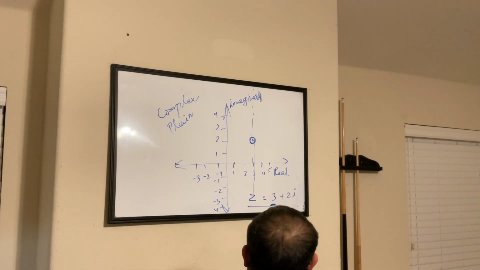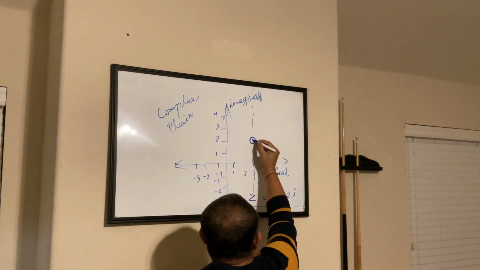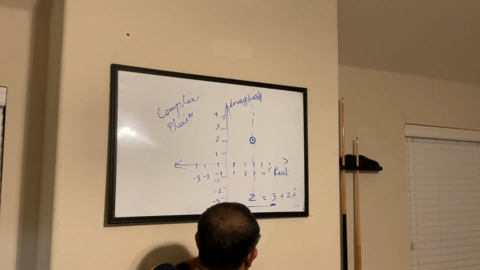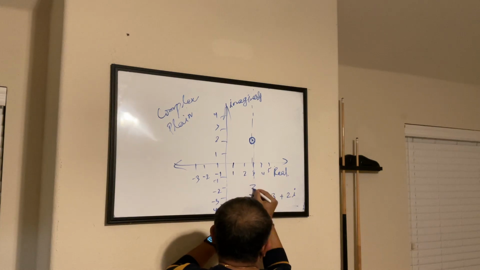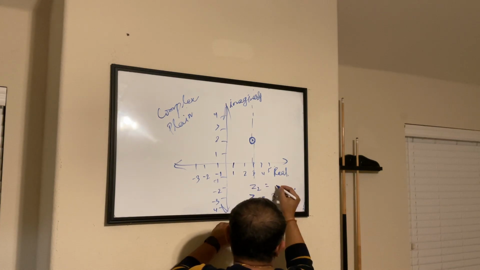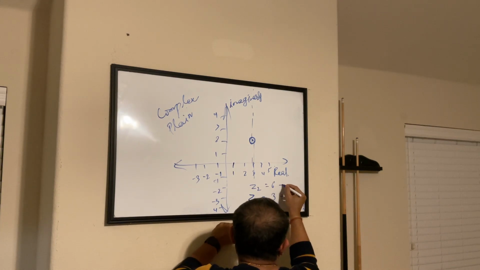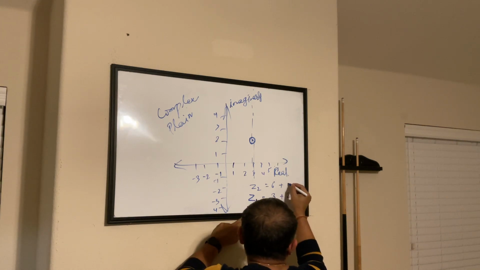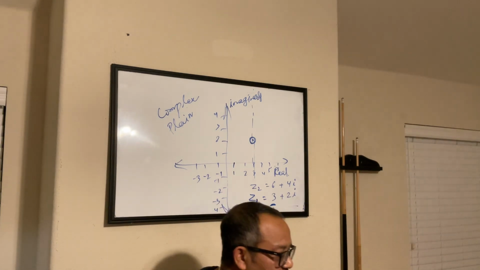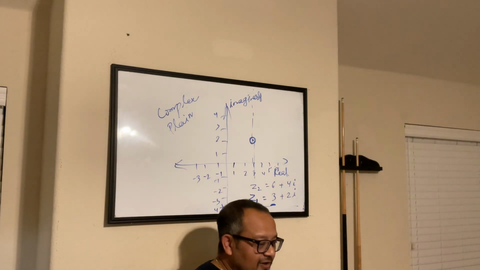Now let's say I have two complex numbers. This is my first complex number, and this is my second complex number, 6 plus 4i, let's say. I'm just creating complex numbers at will, okay?